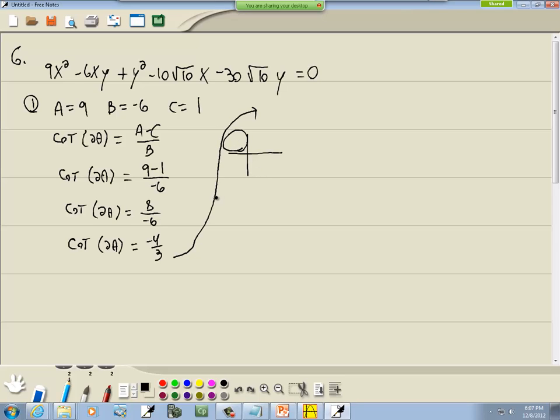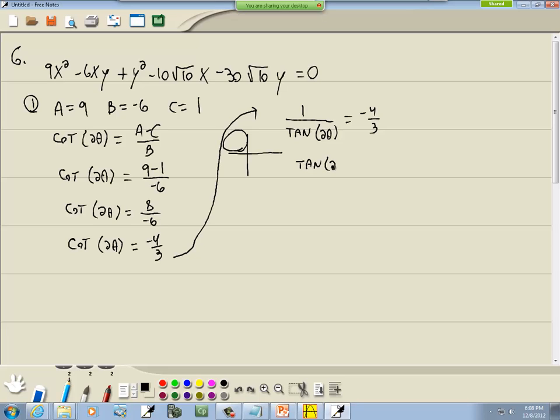Because if we go further with this, our cotangent 2 theta is equal to negative 4 over 3. I can rewrite cotangent as 1 over tangent 2 theta is equal to negative 4 over 3. I can flip both of these. If you have a single fraction on both sides, you can flip them.